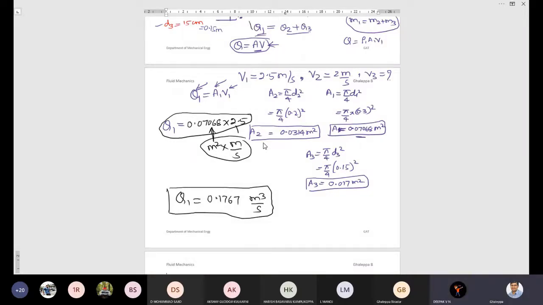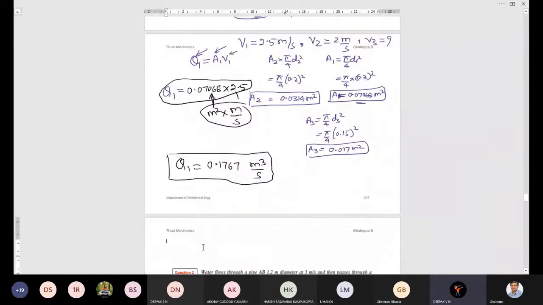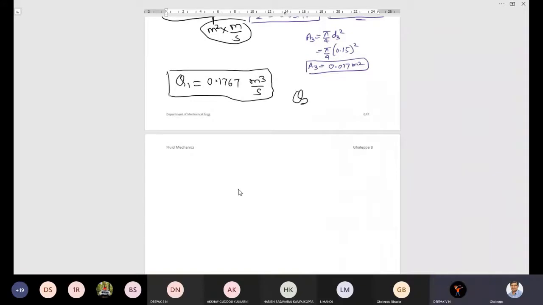Similarly, can you calculate the discharge in the second pipe, Q2? Let me calculate here. Q2 is equal to A2 into V2.